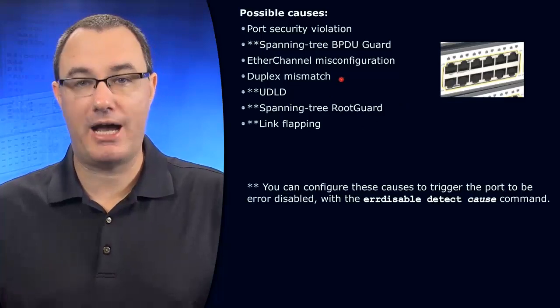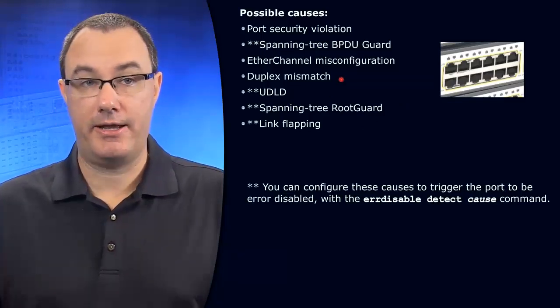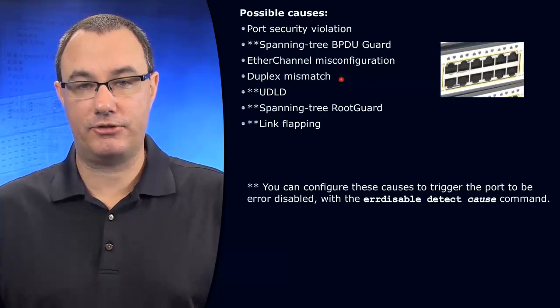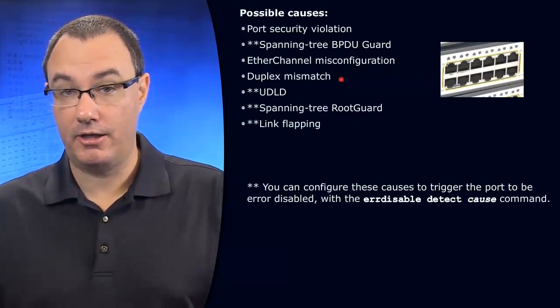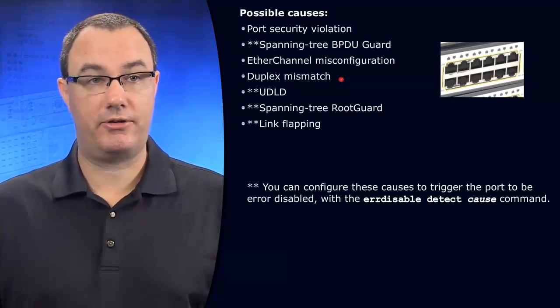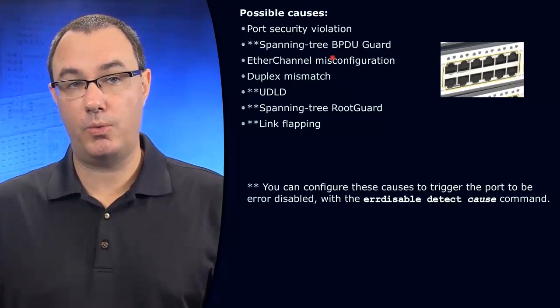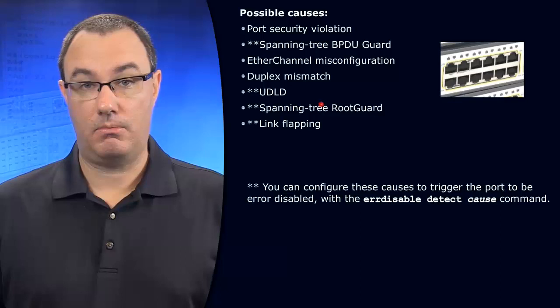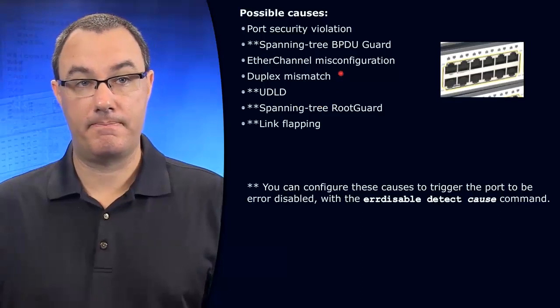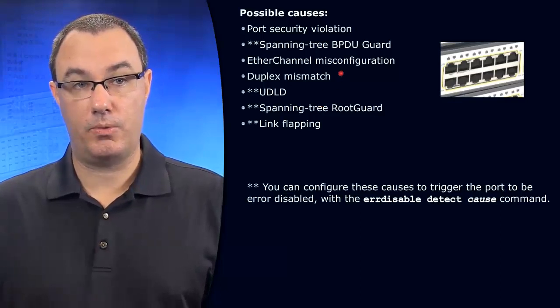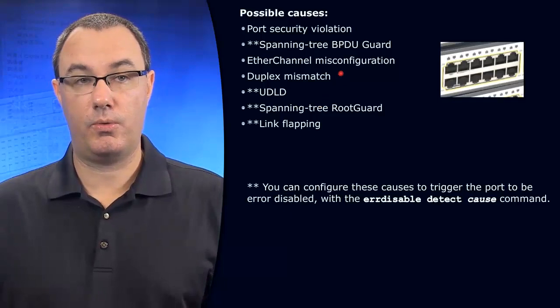Some we have to do a shut and no shut. And that's the classic way of clearing this off manually, is a shut to clear error disabled and then no shut. Okay, so bear these in mind. You really do want to know which of these you can work with.